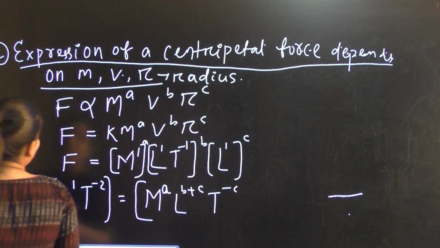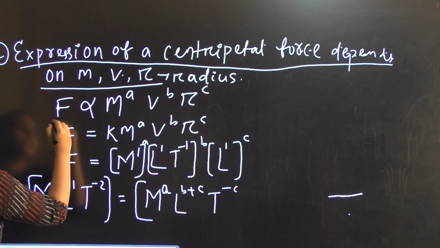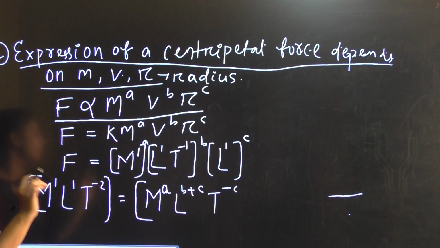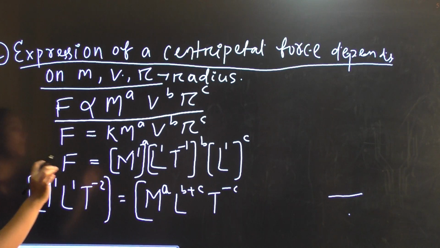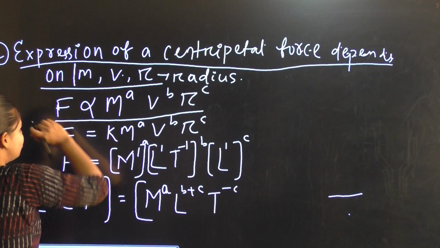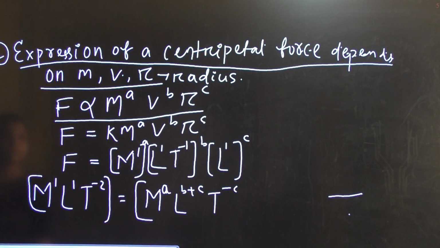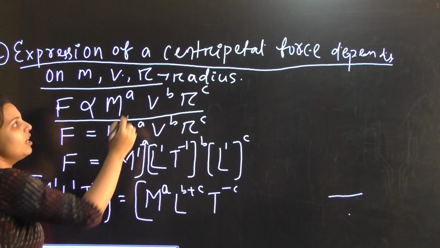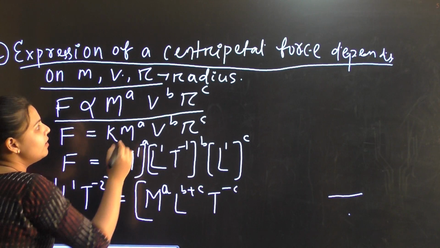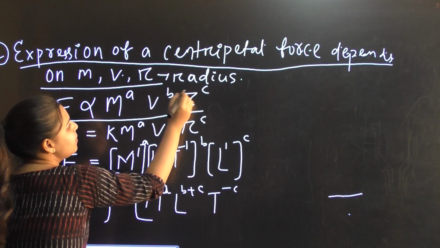So force is directly proportional to mass to the power a, velocity to the power b, and r to the power c. Just write the quantities on which the force depends, and put the powers a, b, c as unknown.